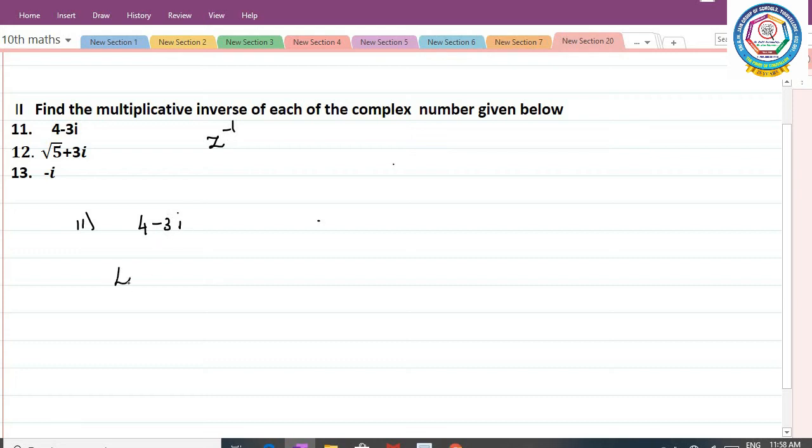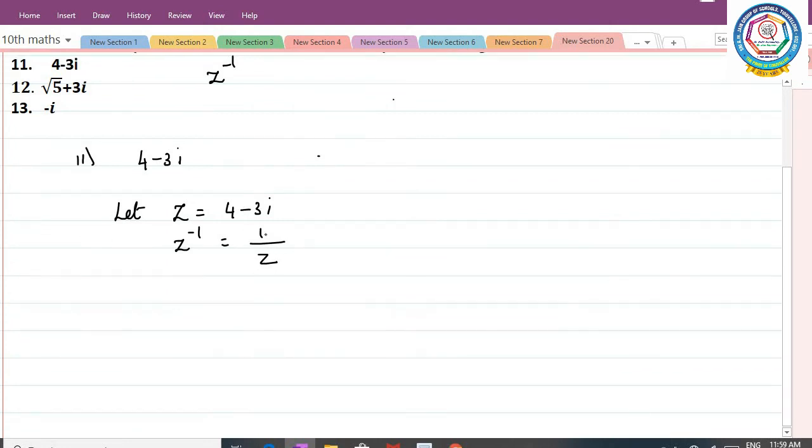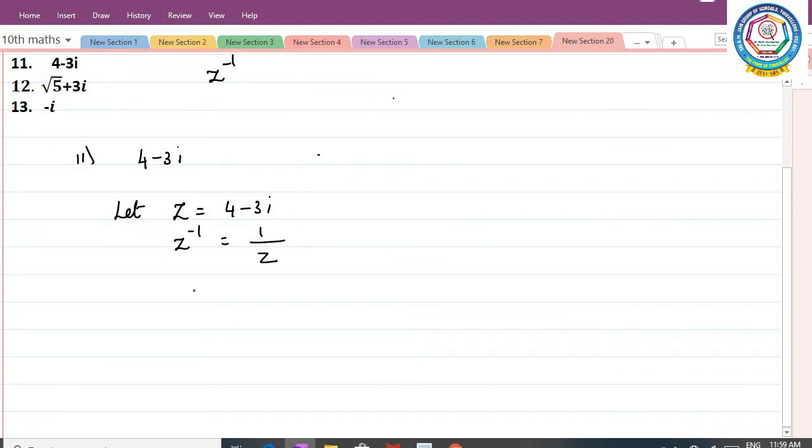So I am going to take let z equal to 4 minus 3i. But they ask z inverse. So z inverse means that is equal to what? 1 by z. See here, z is what here? 4 minus 3i. So 1 by z equal to 1 by 4 minus 3i.